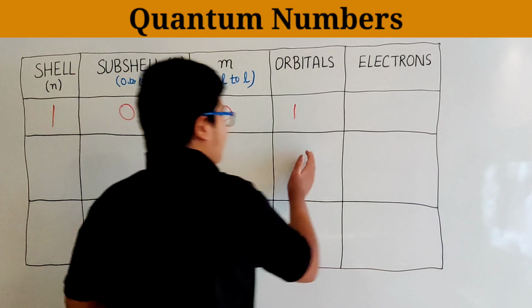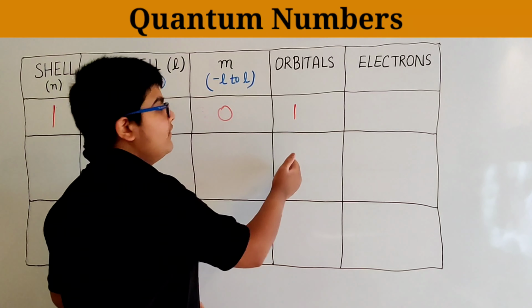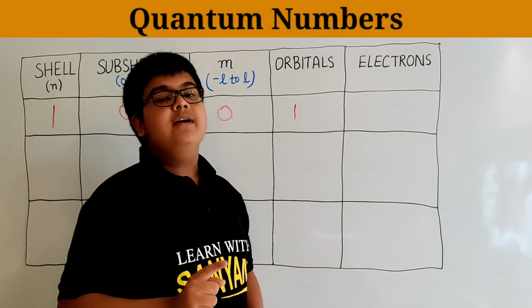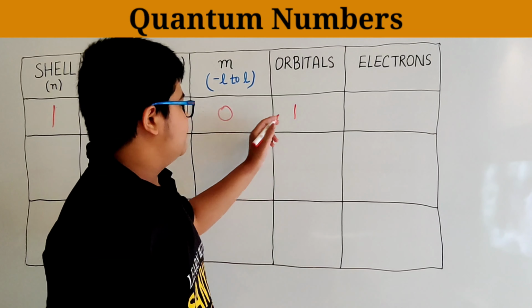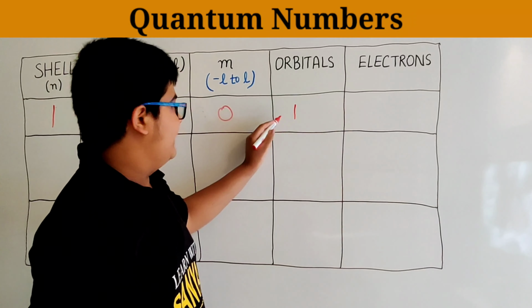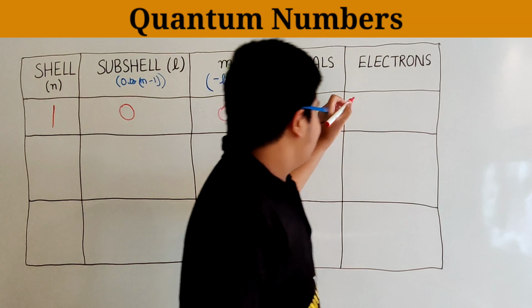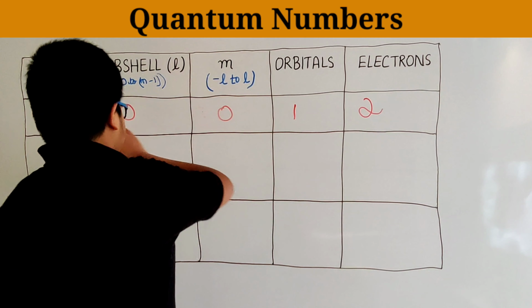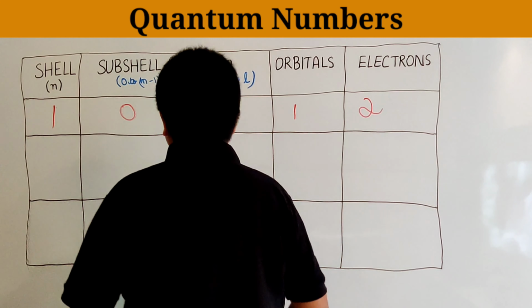And the number of orbitals further determines the number of electrons. Every orbital can have a maximum of two electrons. So as there is one orbital in the first shell, there will be two electrons. So this was all about the first shell.